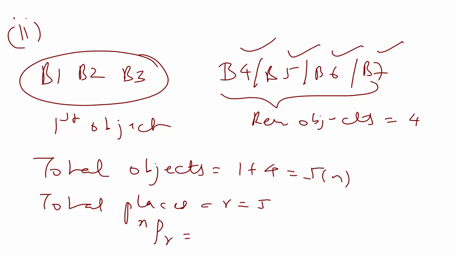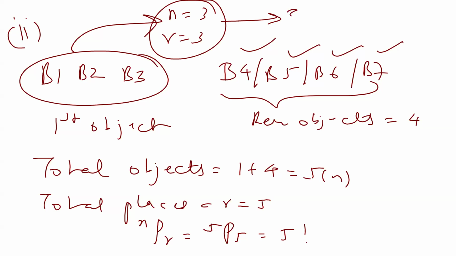So nPr is 5P5, 5 factorial ways. Now within the first object, it is not always going to be B1, B2, B3. It can be B2, B3, B1 also. The arrangement can be anything. So there are 3 objects and 3 places, so nPr is 3 factorial, because it is 3P3. So the final answer will be 5 factorial into 3 factorial: the total arrangements into the arrangements within the first object.